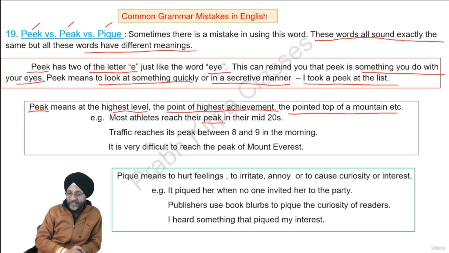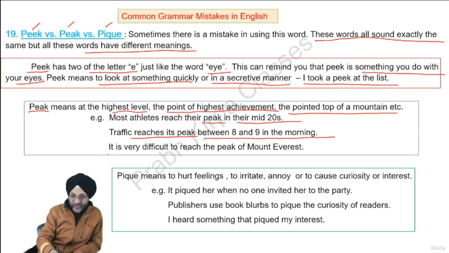Here, peak means at highest achievement. Traffic reaches its peak between 8 and 9 in the morning. Here, peak means at the highest level. Next, it is very difficult to reach the peak of Mount Everest. Here, peak means pointed top of a mountain.